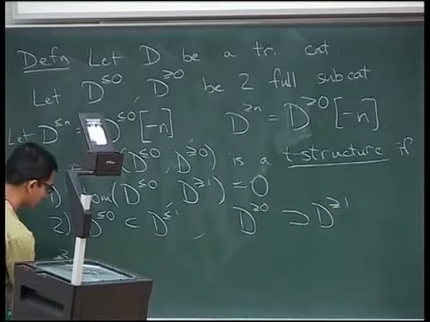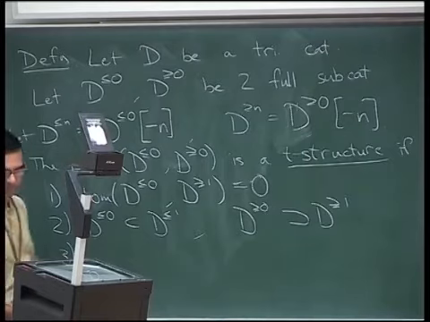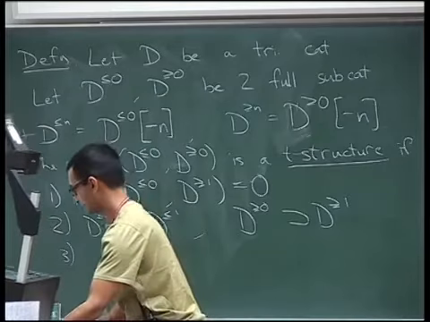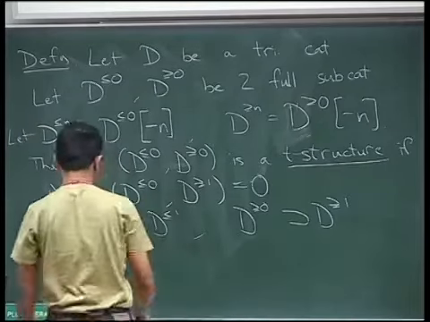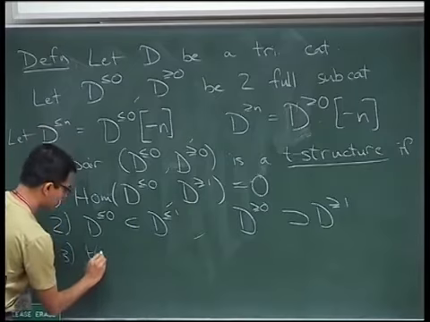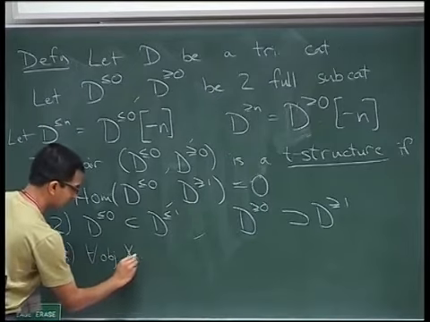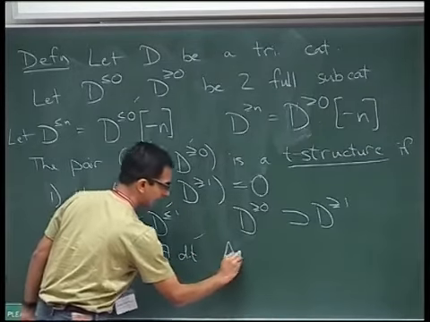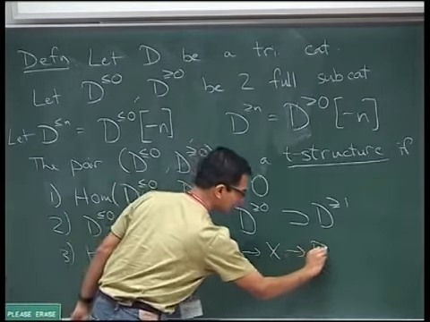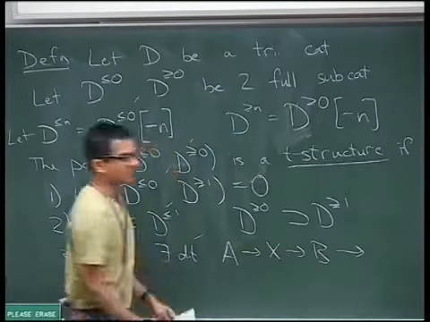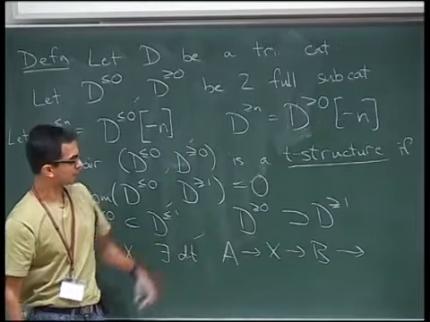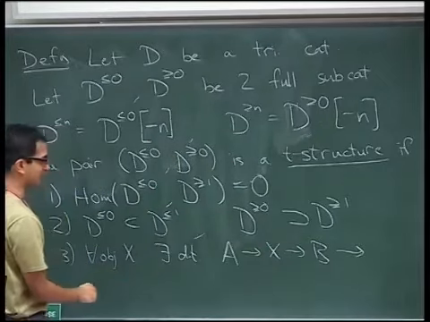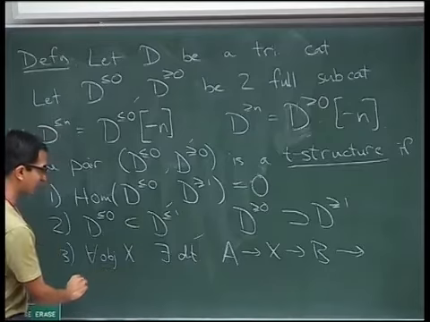And then the last axiom is maybe the most important. It says that for any object X, there exists a distinguished triangle A to X to B. Yesterday, I was always writing the distinguished triangles as four terms with A shifted by 1 as the last term, but I'm going to leave those off today just to save some writing.